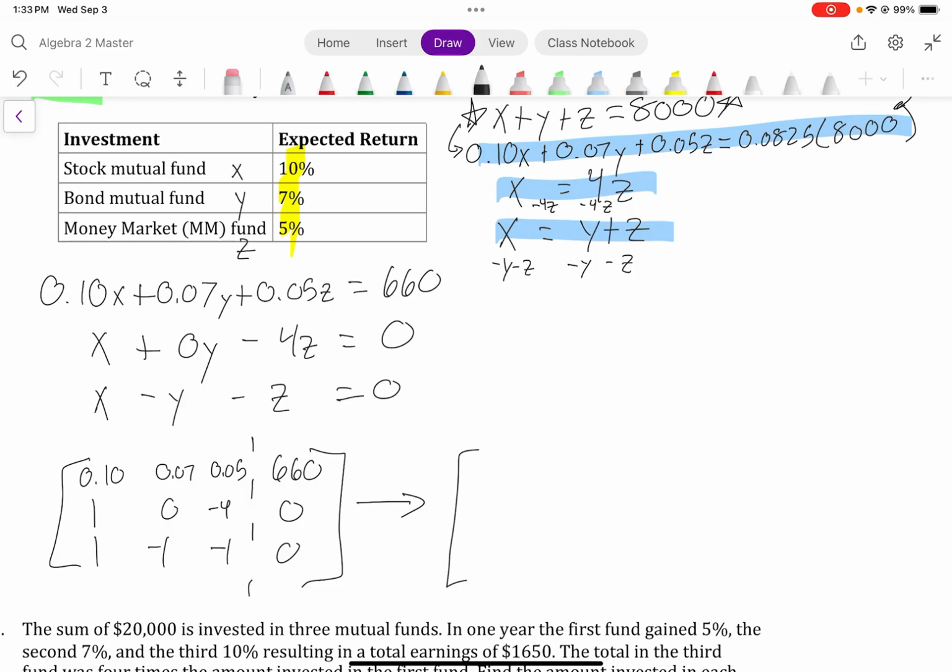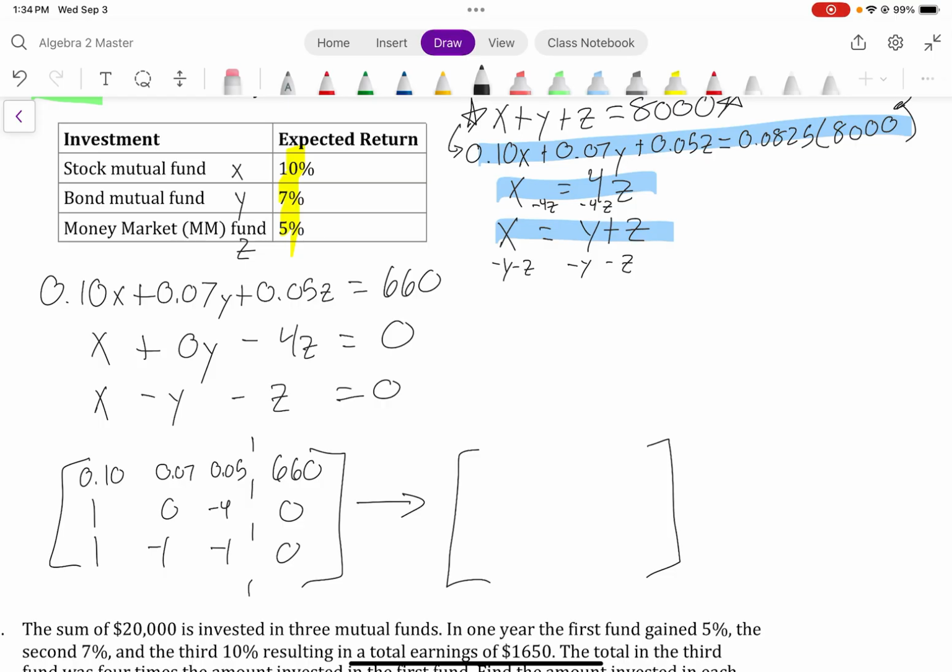This is then going to go to my reduced row echelon form. So in my calculator, second matrix, scroll over to edit. I'm using matrix A. This is going to be a 3x4 matrix. I go and put all of these entries in. I hit second quit. Then I go back second matrix, scroll over to math, then to RREF, reduce row echelon form.